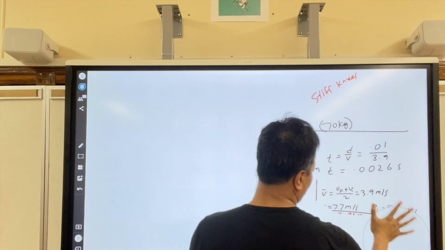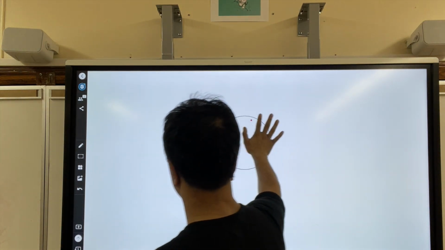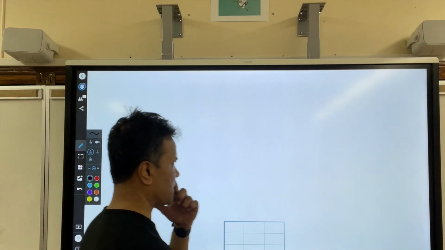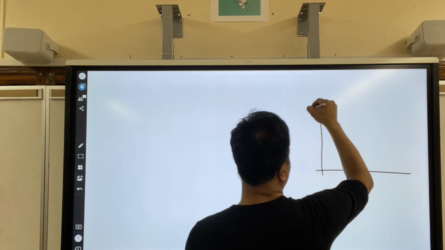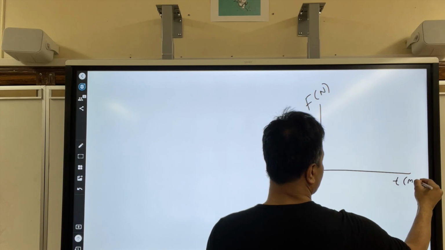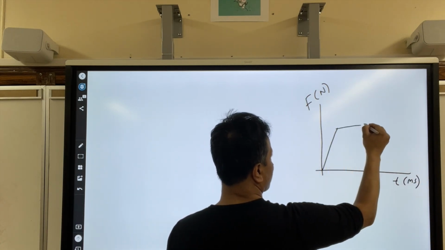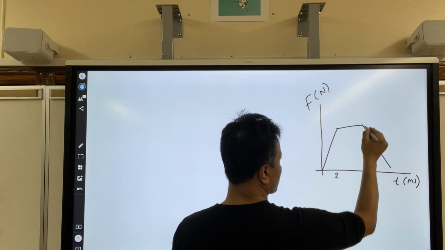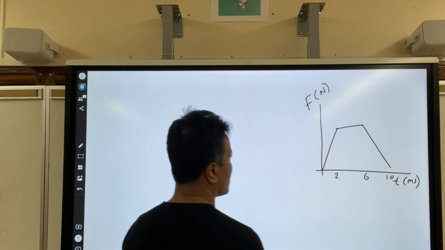Maybe I'll give you one more problem to help you understand the impulse. So pay attention. One more problem. Let's give you a graph. FT graph, right? F is in Newton. T is in microsecond, millisecond, let's say. I'll give you a graph like a trapezoid. I'll give you the time 2, I'll give you the time 6, I'll give you time 10. I'll give you the force.